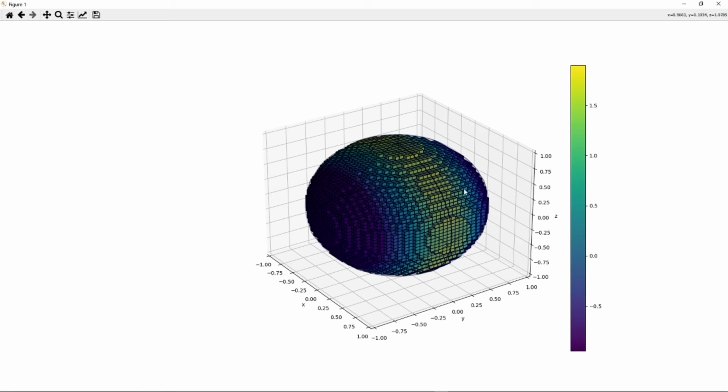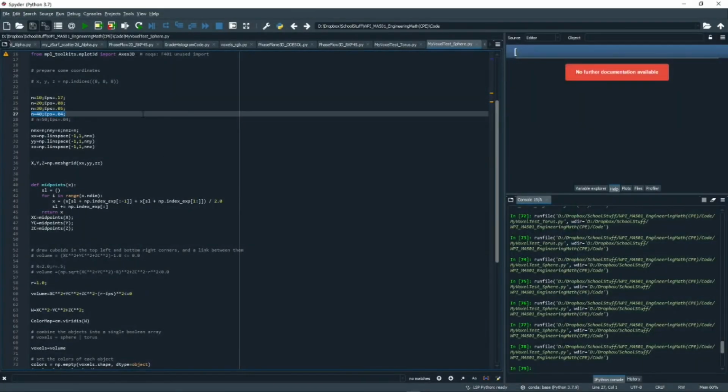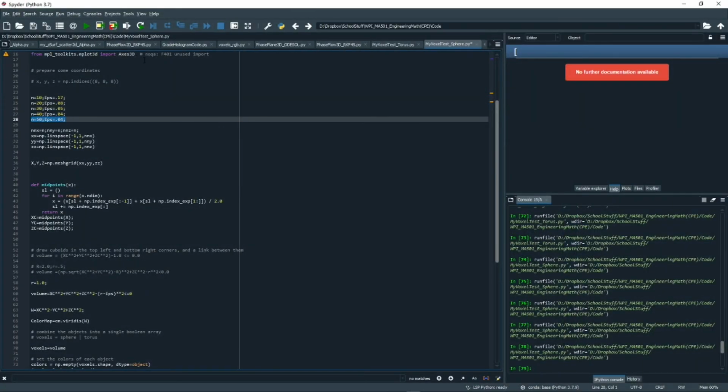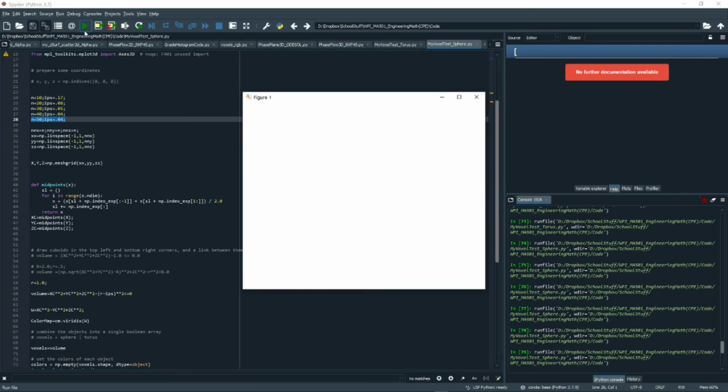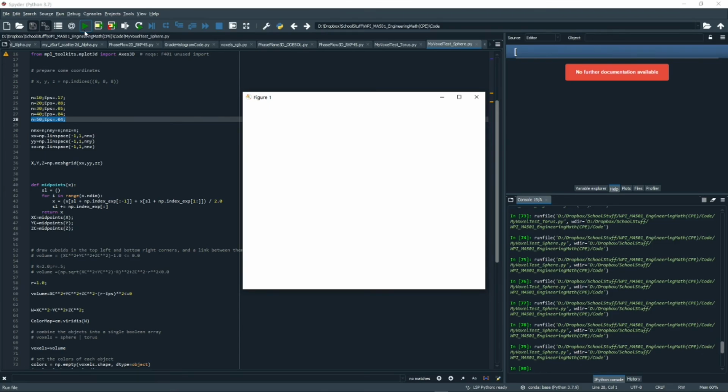And so the total accumulation of divergence inside this region should be exactly equal to the divergence on the boundary. And this is exactly the statement of Gauss's theorem. And this will be my last plot of the sphere here with 50 cubed. And as you might expect, it takes a little bit longer to run.